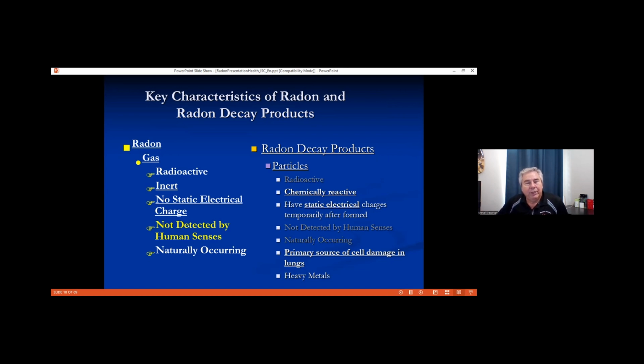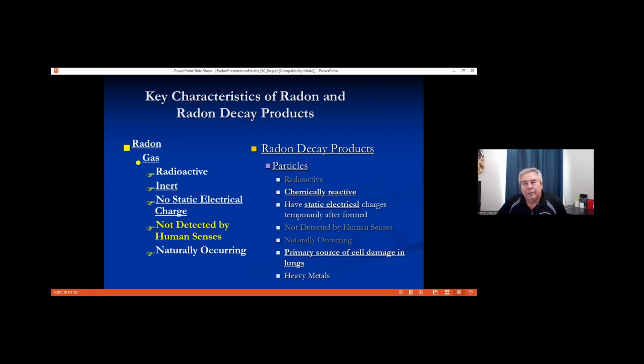In the case of radon, it cannot be detected by human senses. We can't see it, we can't taste it, we can't sense it at all. It's the same for the RDPs. It's not detected by human senses. Both of them are naturally occurring. Nothing that we need to do for radon to be produced.